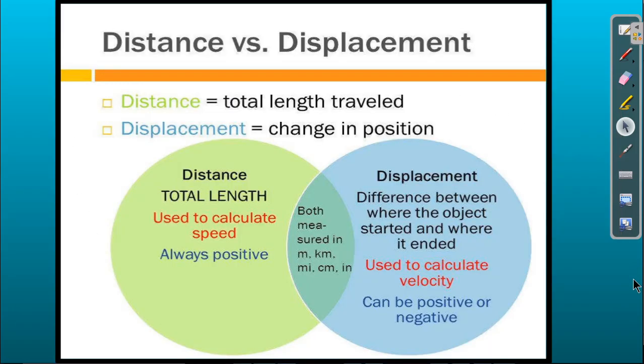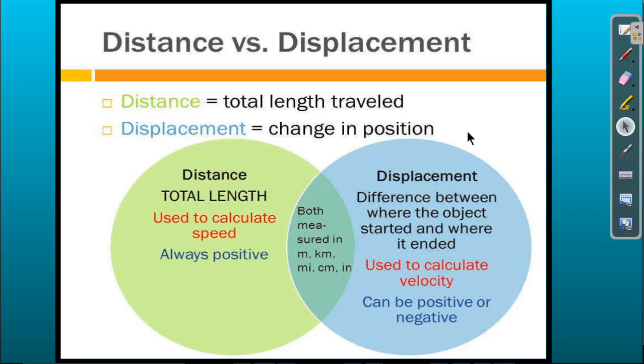Okay, what's the difference between distance versus displacement? Well, distance, the total distance, is the total length traveled. You keep adding miles. Are you going forward, then backwards, then all around? Just keep adding all the miles of your travel. That's your total distance. Displacement, on the other hand, is a change in position.